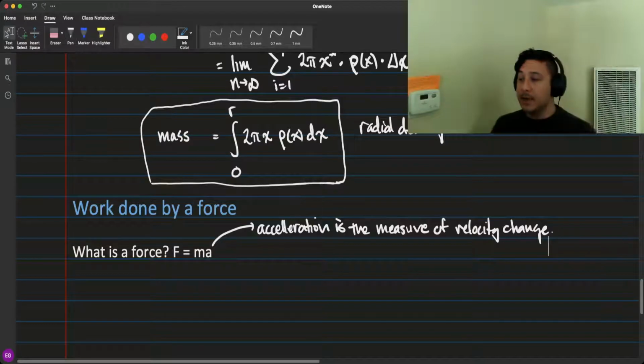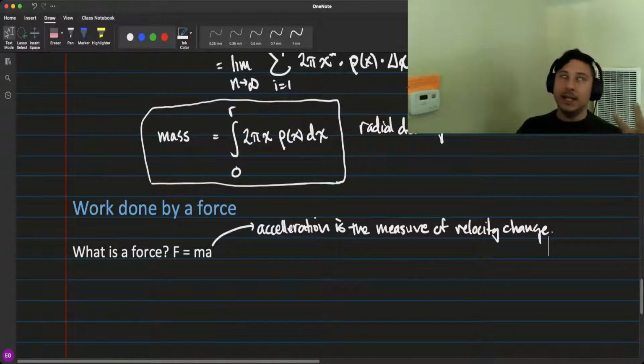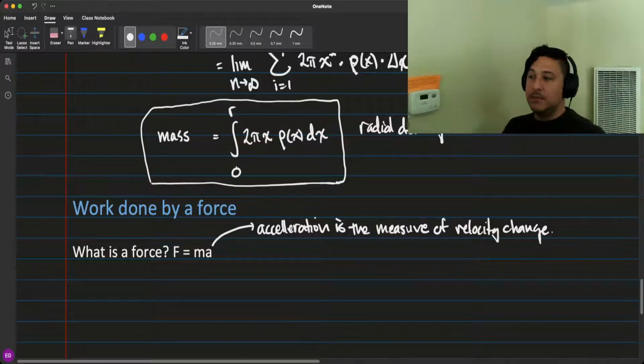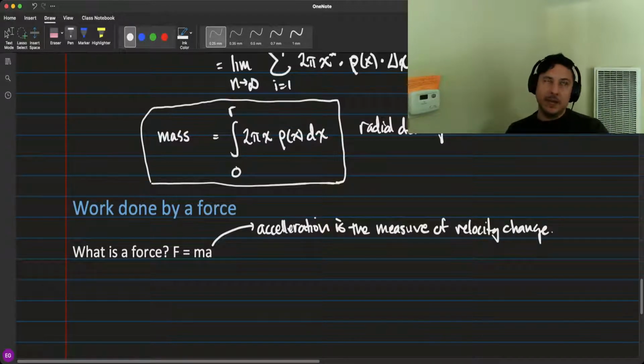So in other words, when you accelerate or decelerate something, you're changing the speed at which it is moving. So a force is whatever it is that makes things speed up or slow down. Force tells you if you take some object with a given mass and you change its speed by a certain amount, that's what a force is.